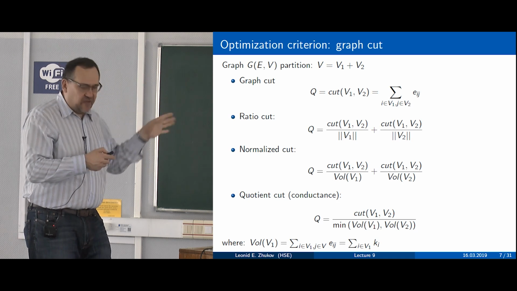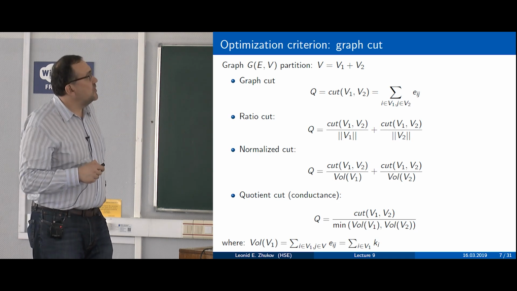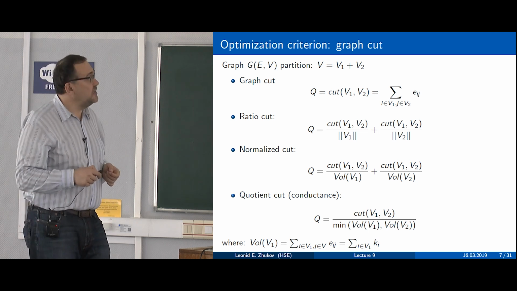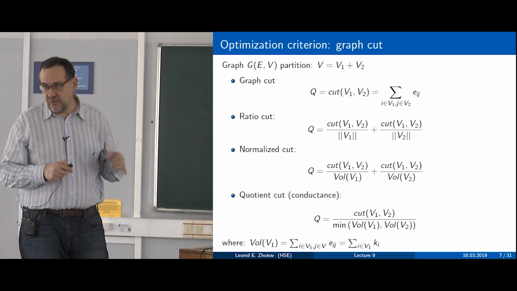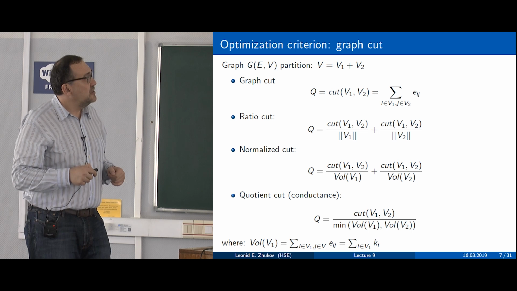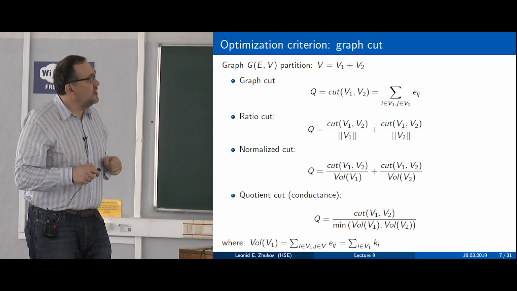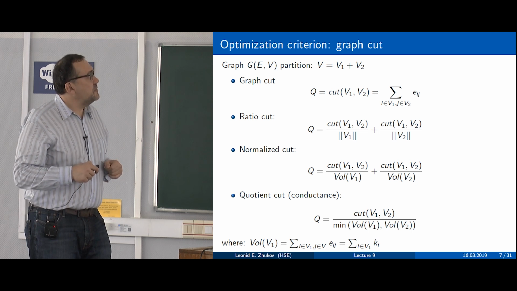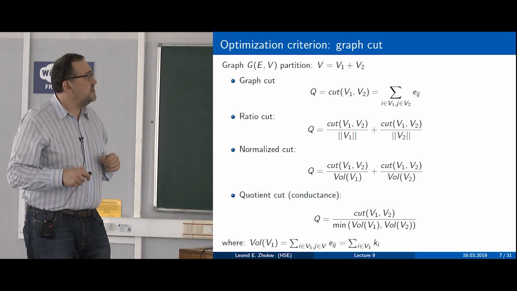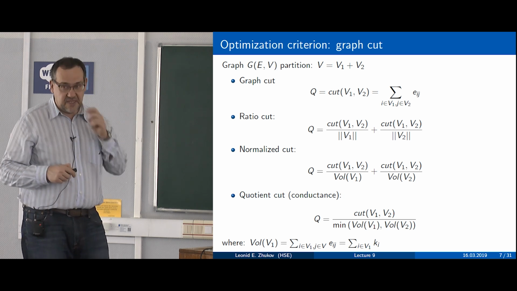So in fact, there are a lot of functions that have been proposed to do this. The first one is actually just graph cut. That's precisely what we proposed at the beginning, which is let's just count the number of edges that you need to remove to split the graph into two parts. And we're going to start writing formulas and working with this approach simply because it's the easiest one, and then we can easily replace it. Then there is a metric which is called ratio cut, where you take the number of edges crossing this cut, divided by the size of the vertex set of every partition.